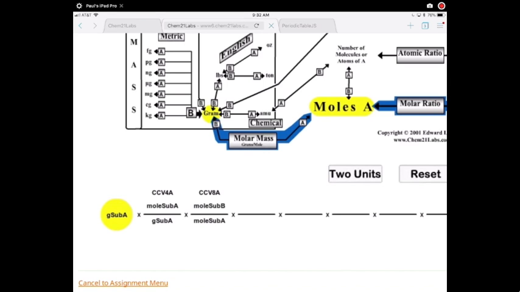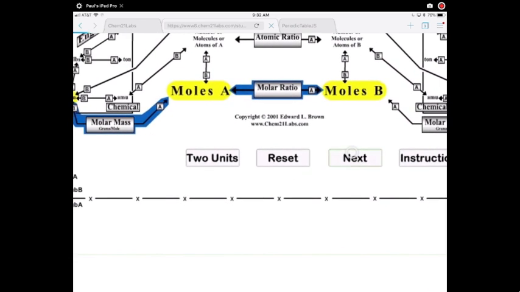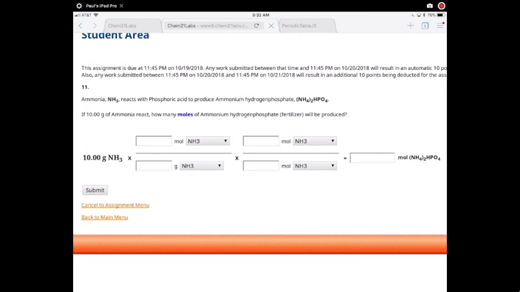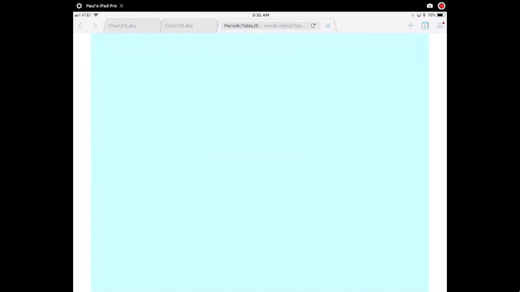Okay, I got this. All right, where do I get my numbers? How do I get the molar mass for this? Periodic table. But for CHEM-111, you've got to go to its periodic table.